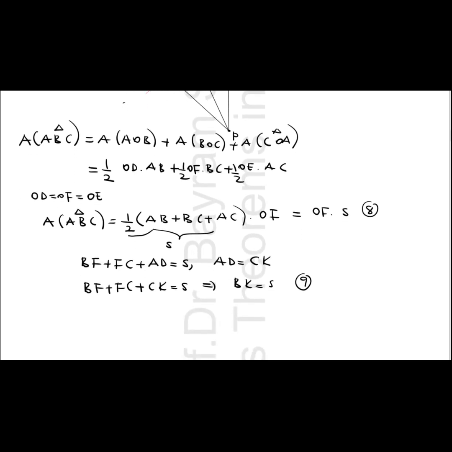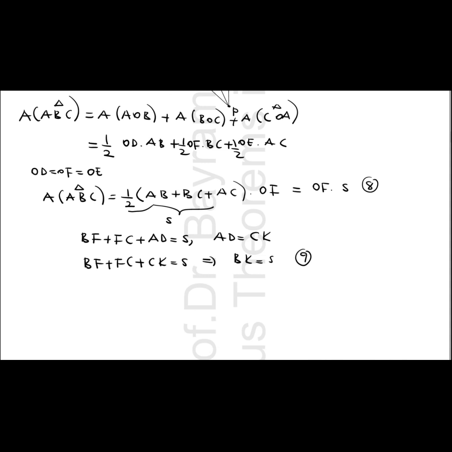So here we have K. So this BK becomes the semi-perimeter. So because of this, using this 9 in 8, we can write this area again, ABC triangle equals OF times BK.